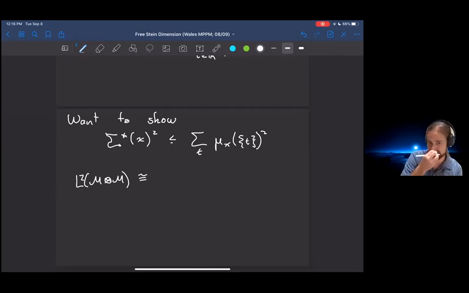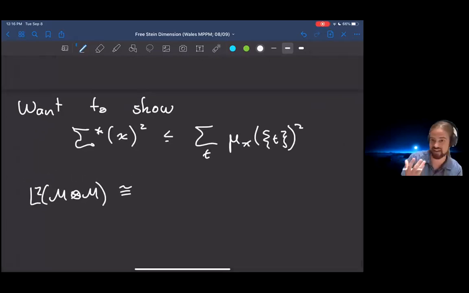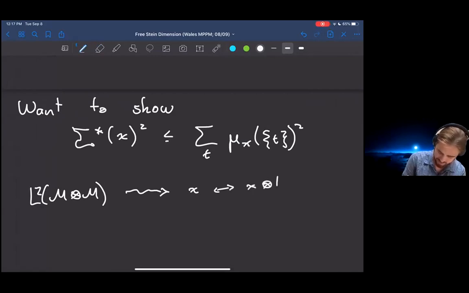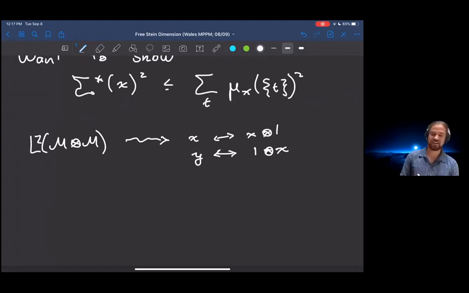And I'm going to realize this as functions in two variables, x and y. So rather, let me just write x for x tensor 1 and y for 1 tensor x. Which, bad notation.